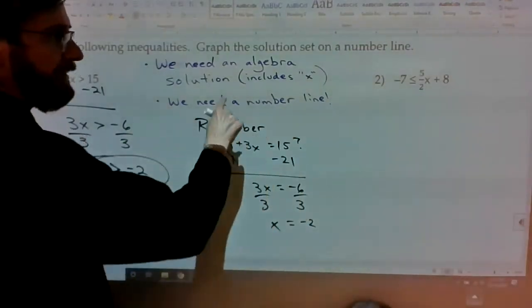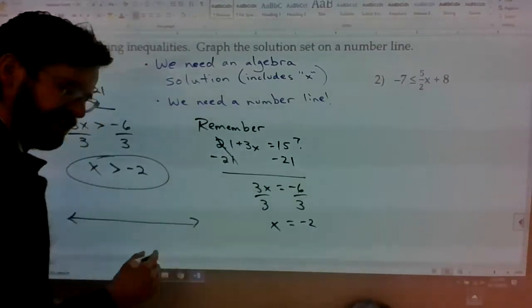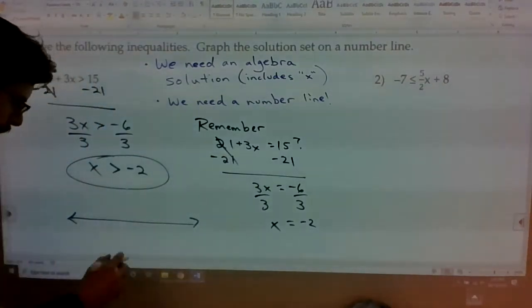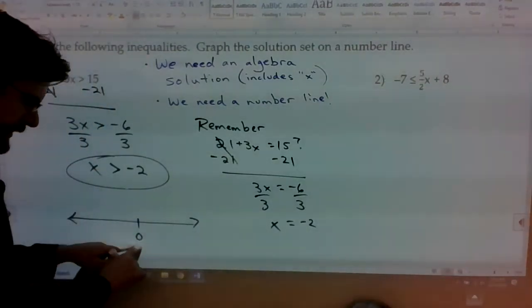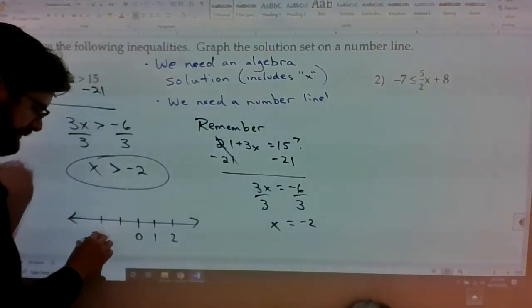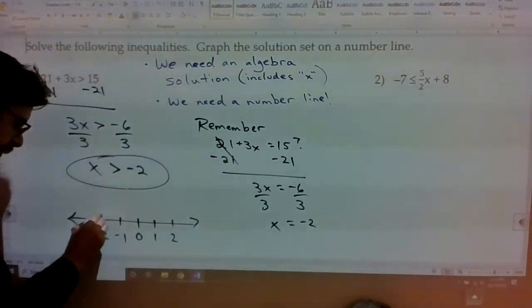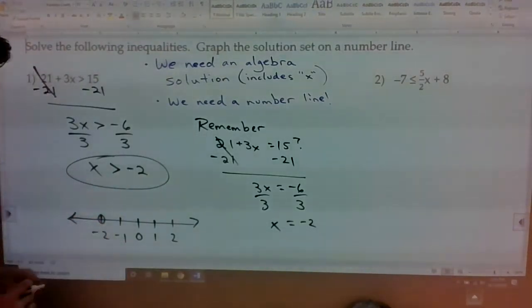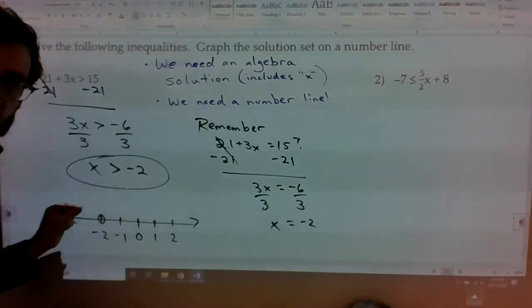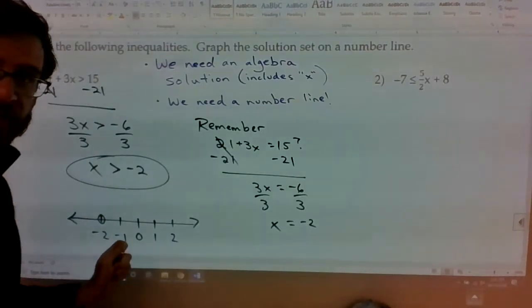Now, how do you graph the solution set on a number line? Well, I showed you guys how that worked on the first video. You need to put at least 0, a couple points to the right of 0, a couple points to the left of 0. This would mean an open circle at negative 2. Greater than means all the numbers bigger than negative 2, which means right of it on the number line.